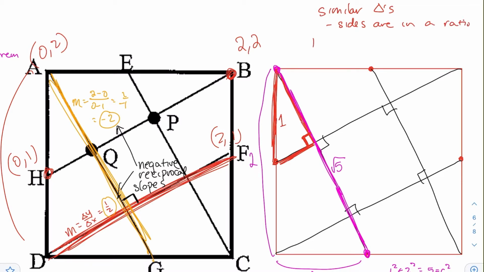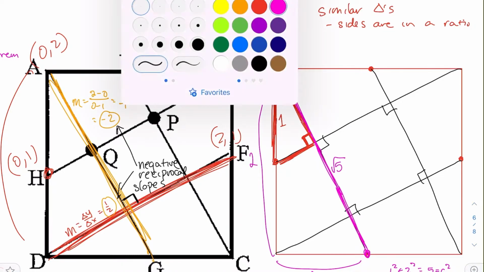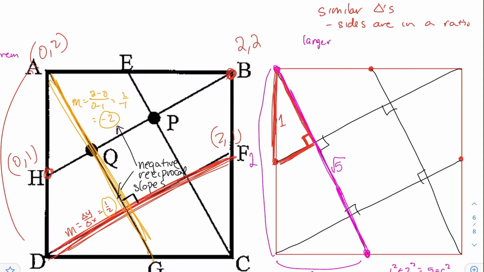So for the larger triangle, it's a 1, 2, square root of 5. For this smaller triangle, it will be proportional to that. The larger triangle will be 1 to 2 to root 5. That's the hypotenuse. For the smaller triangle, the hypotenuse is equal to 1, so you just have to divide everything by root 5. So the shorter side is 1 over root 5, and the longer leg is 2 over root 5. And this applies to all the red triangles here.